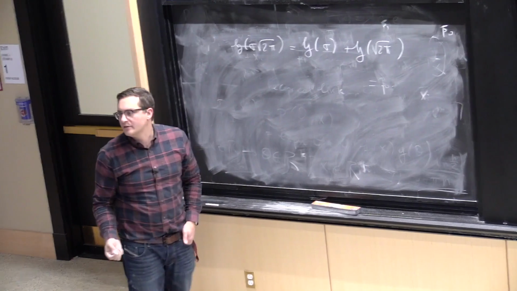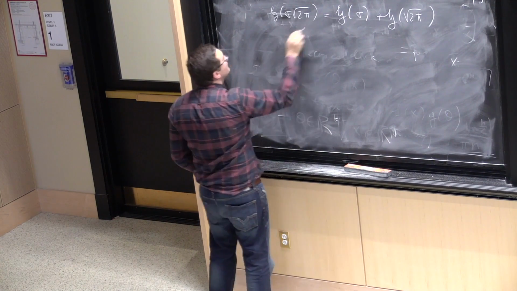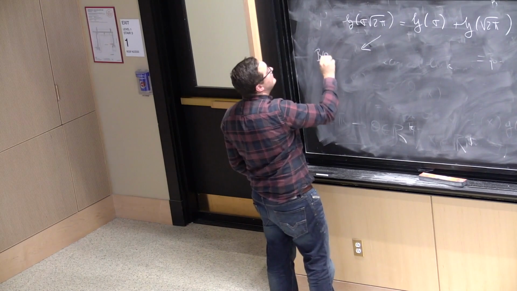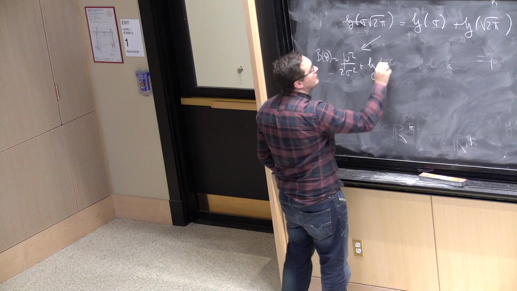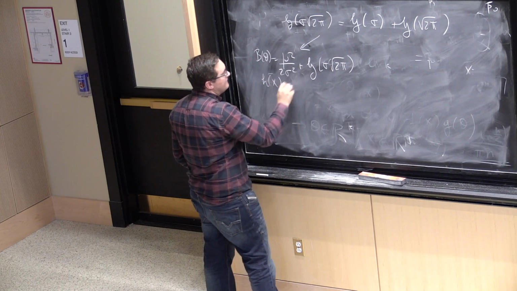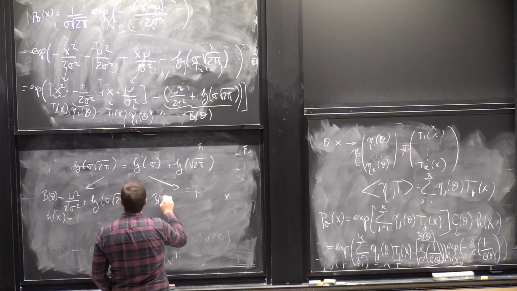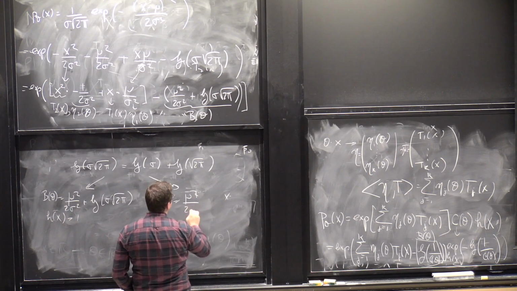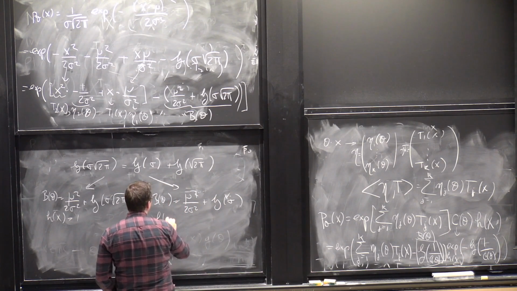So I have two choices here. Either b of theta is mu squared over 2 sigma squared plus log sigma square root 2 pi, and h of x is equal to 1, or b of theta is mu squared over 2 sigma squared plus log sigma, and h of x is equal to what?